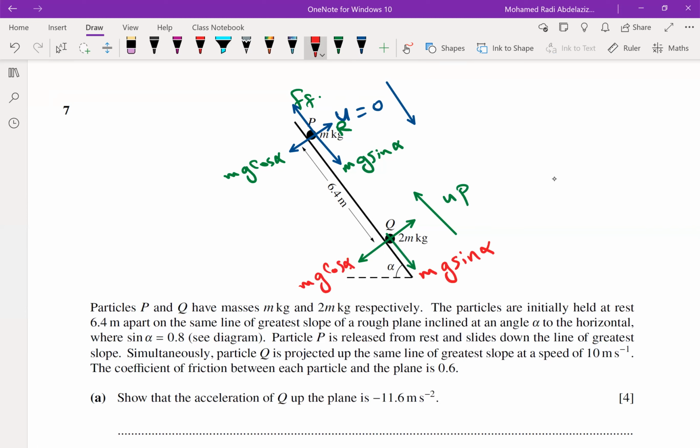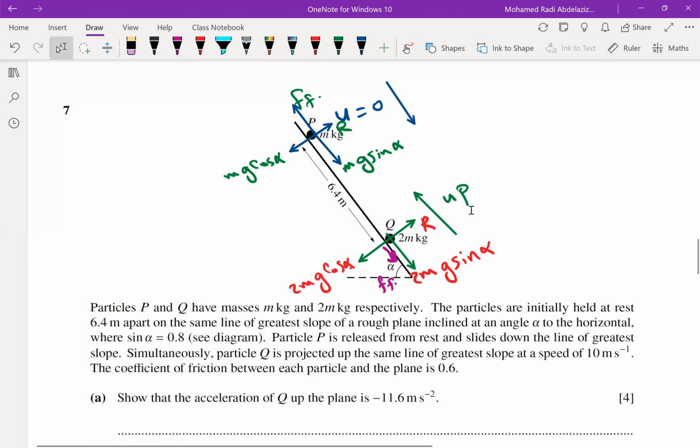Looking at the mass of Q, it's 2m, so don't forget to write 2m, and the normal reaction. Because the particle is moving up, the direction of the frictional force now will be down.